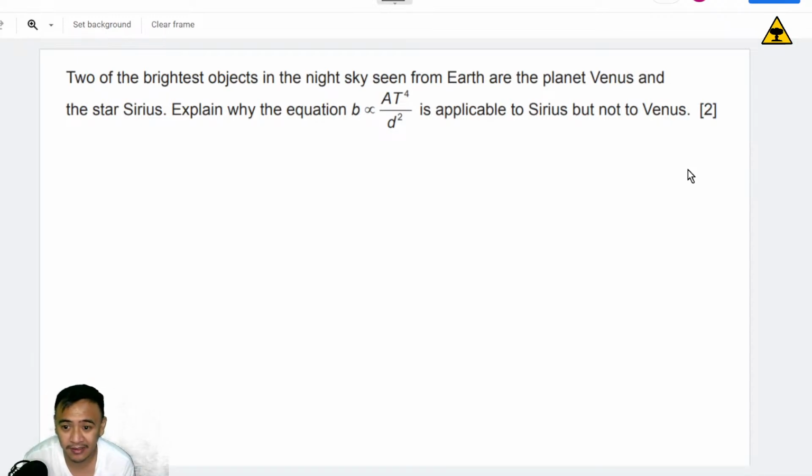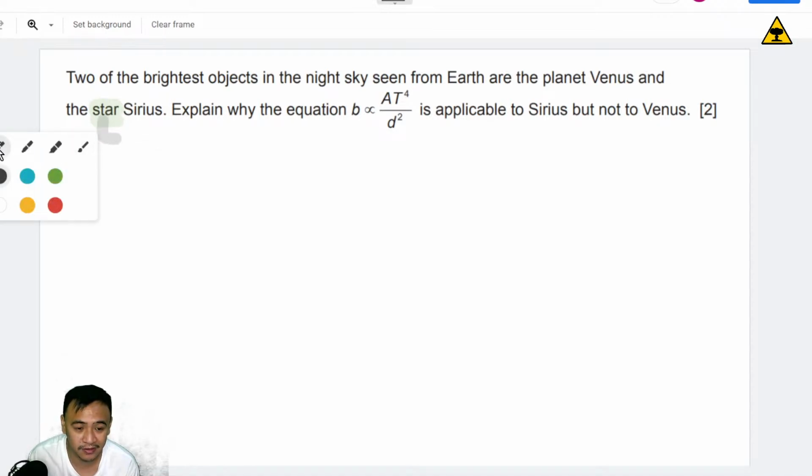Sirius is a star. It says so right there, right? So what does this mean? It produces its own light? Yeah, it produces its own light and therefore you can use the apparent brightness equation.